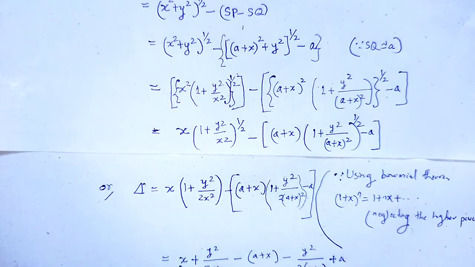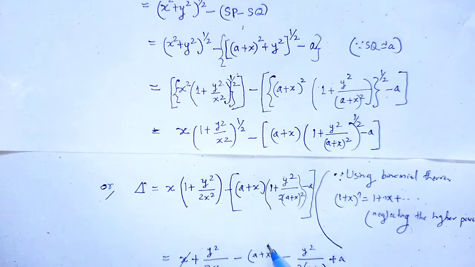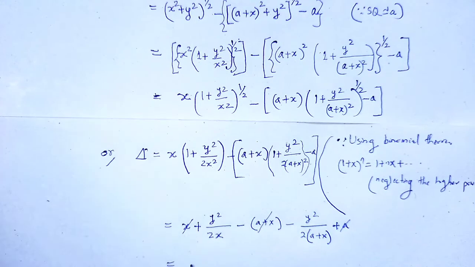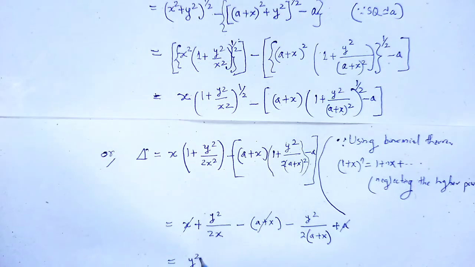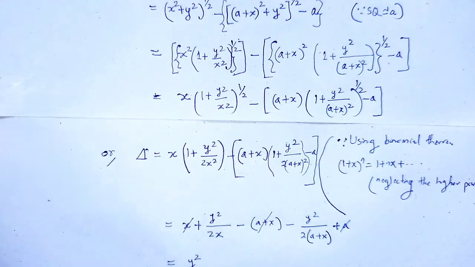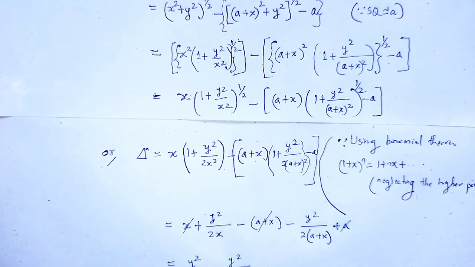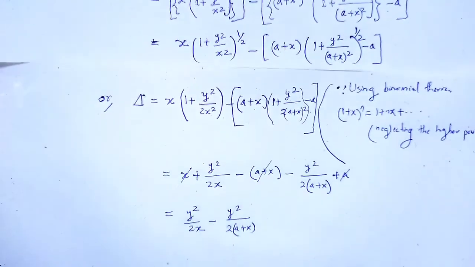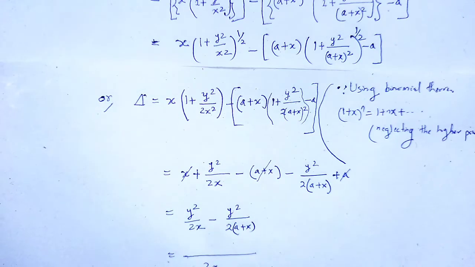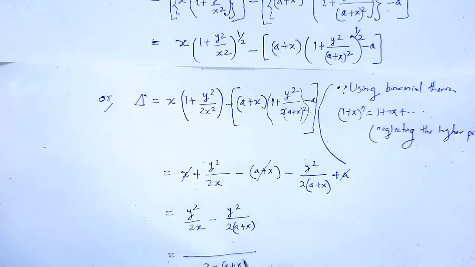Here x minus x and minus a plus a, so these terms cancel out. We have y square divided by 2x minus y square divided by 2 times a plus x. Taking the LCM, 2x times a plus x.